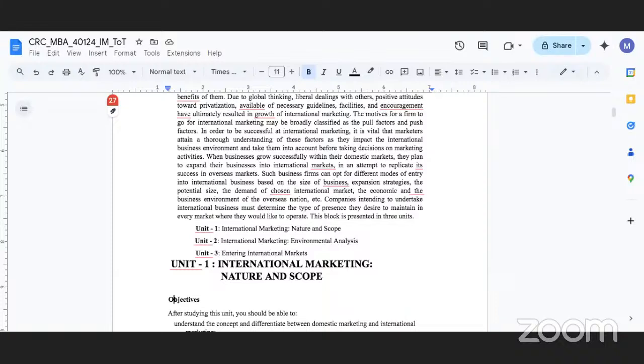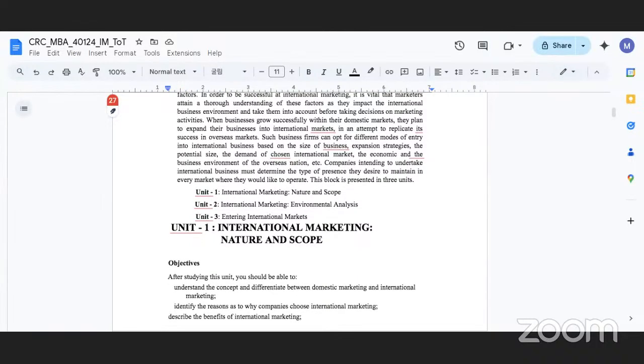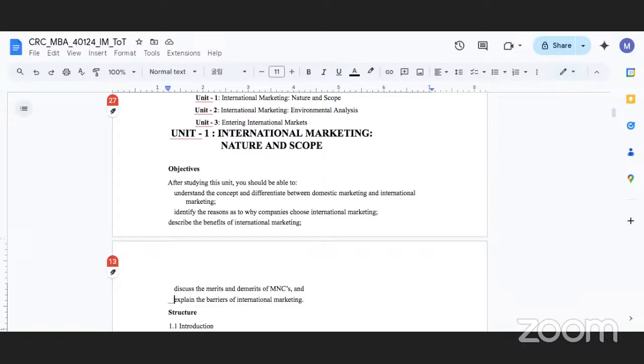It could be, however, restricted in terms of the size of the business, the expansion strategies, the potential size of the market, the demand of the chosen international market, what is their expectation, the economic and the business environment of the overseas nation, to name a few. Now let us move to the first unit, that is international marketing, nature and scope.